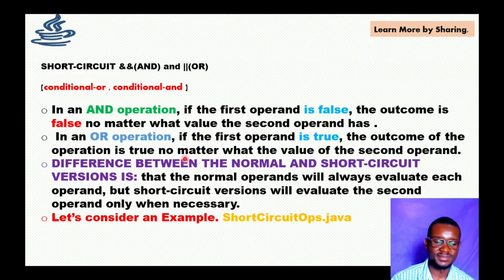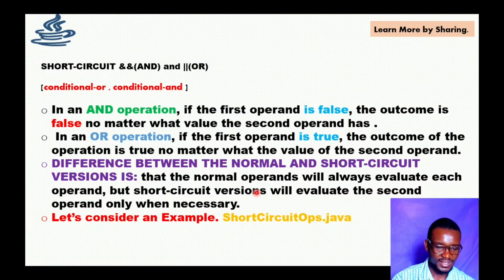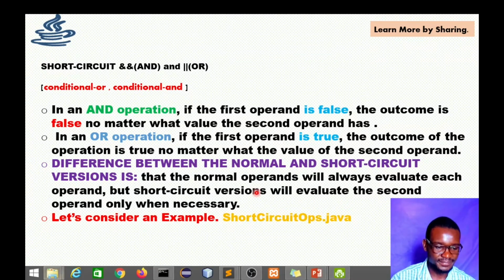So the difference between the normal and short circuit versions is that the normal operators always evaluate each operand, but the short circuit versions evaluate the second operand only when it's necessary. Okay, so let's consider an example here.